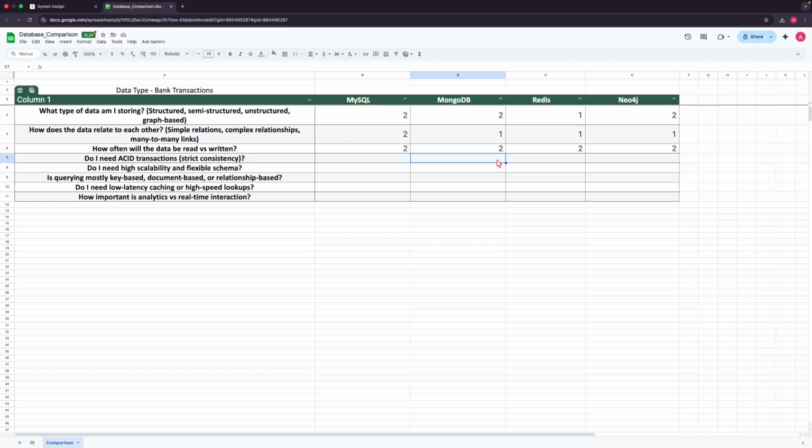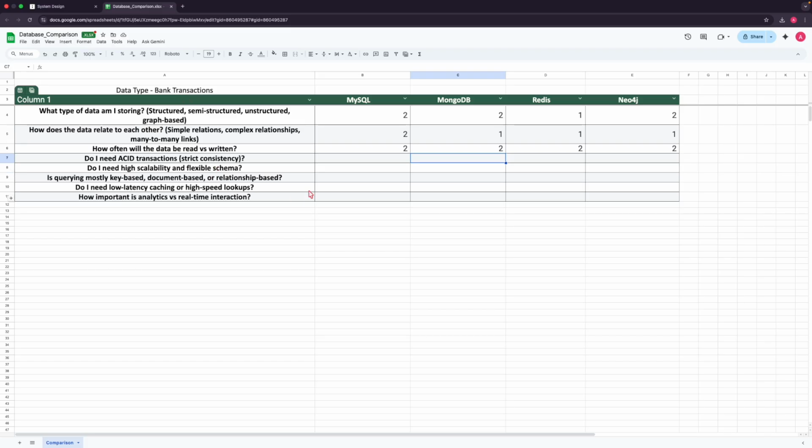But yes, considering the reads, the most efficient will be Redis, because here the data will be stored in the memory, in RAM, so the reads will be more efficient. But overall, here we are more concerned about the bank transaction data.